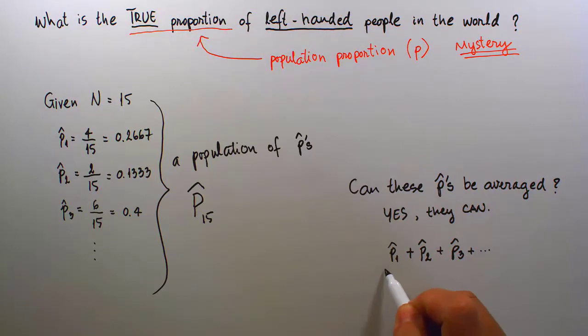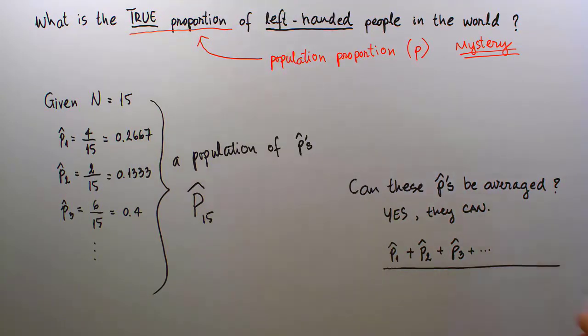But the idea is, once we can achieve adding up all sample proportion values of sample size 15, then the only way to find the mean value, the average, is to divide by the number of all samples there are.